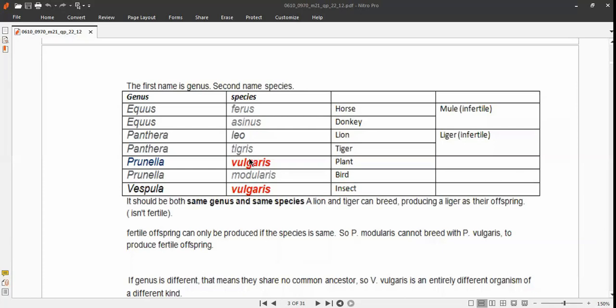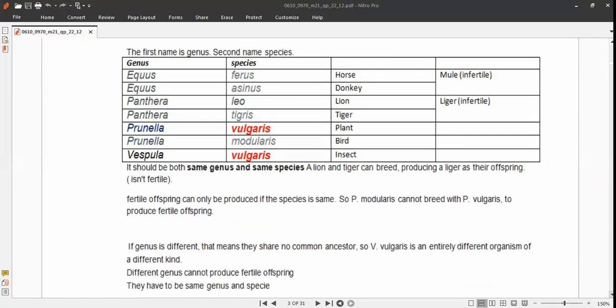Let's see lion and tiger. Lion and tiger can breed producing a liger, and this isn't fertile offspring. Fertile offspring can only be produced if the species is the same. So Brunella medullaris cannot breed with Brunella vulgaris to produce fertile offspring.